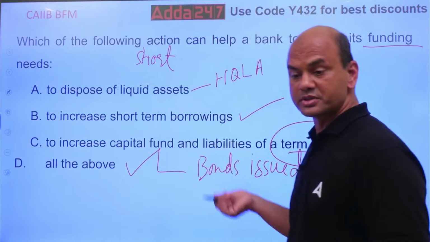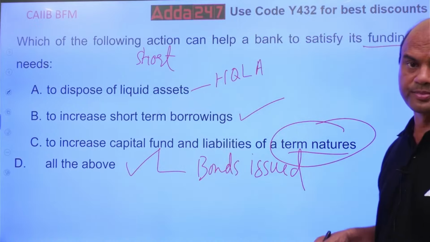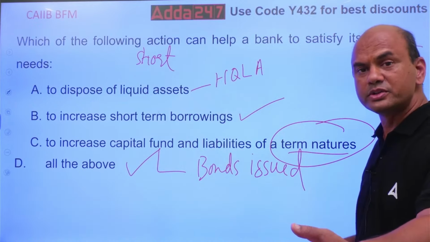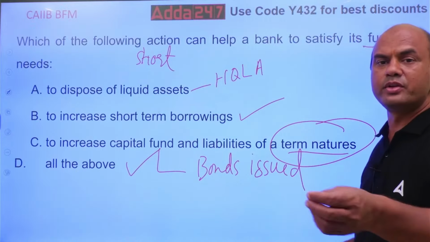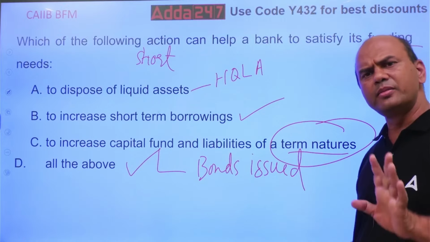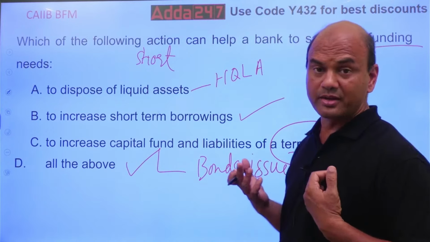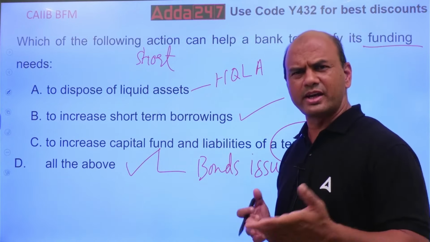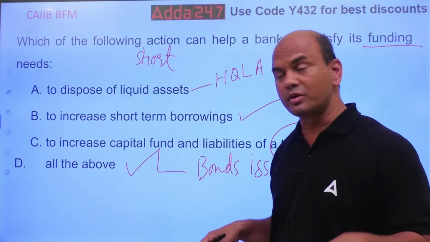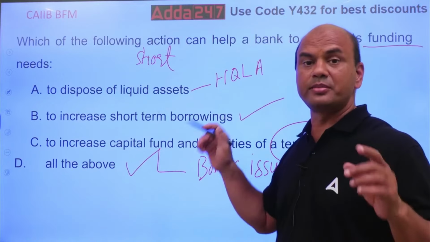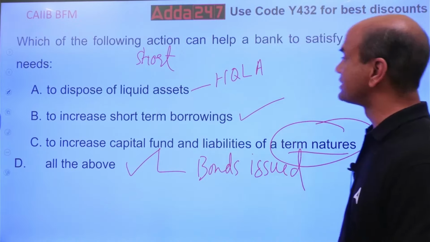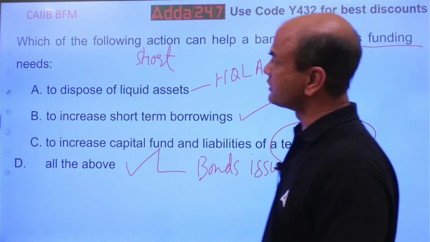I've issued the bonds at long-term nature. I've given you the bonds. You are giving me 10 lakh rupees. I have given you the bond and I'll be giving you after 10 years. Isn't it good for me? Of course, rate is a problem, but my present problem is solved. Funding risk is generally of short-term nature. So answer is this. Got it? Next one.